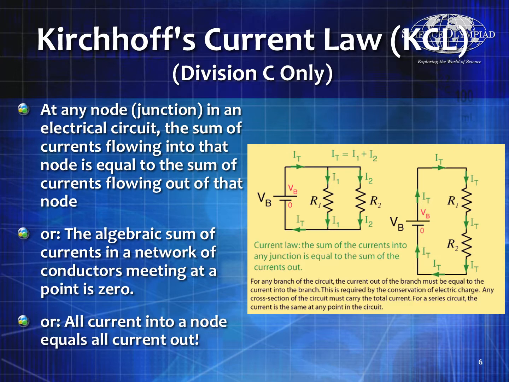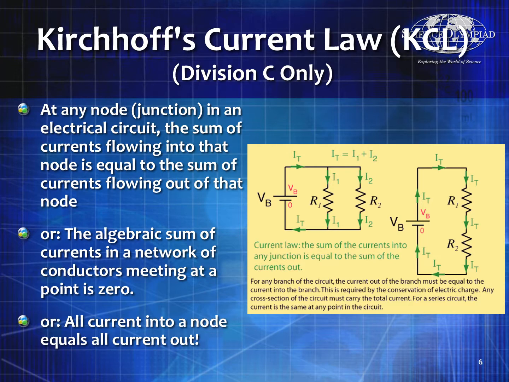And by that same token, that means that the I1 going into R1 has to equal the I1 coming out of R1, and the I2 going into R2 has to equal the current coming out of R2. And then they get recombined, and I1 plus I2 equals IT at the bottom.